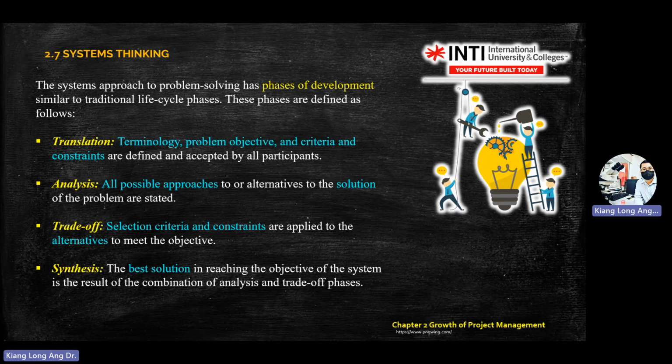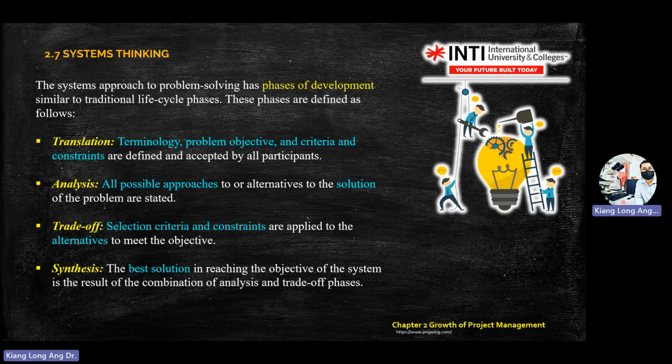For system thinking, you have translation, analysis, trade-off, and synthesis. Translation means you explain to all the team members what information you have, right? Then you do analysis. Trade-off means you find alternatives, or sometimes something in the constraint that you need to sacrifice.